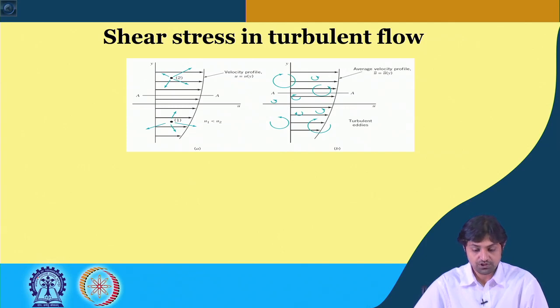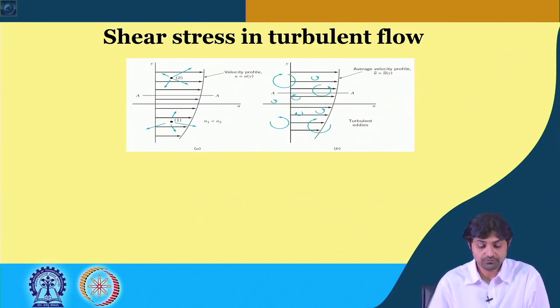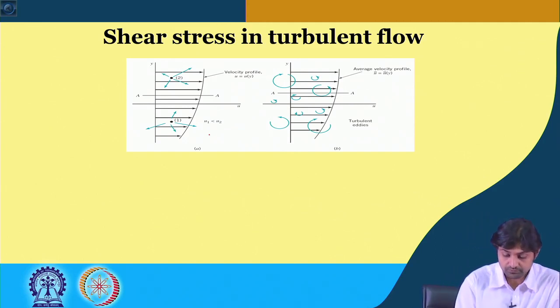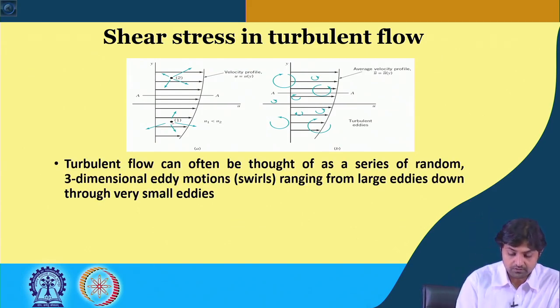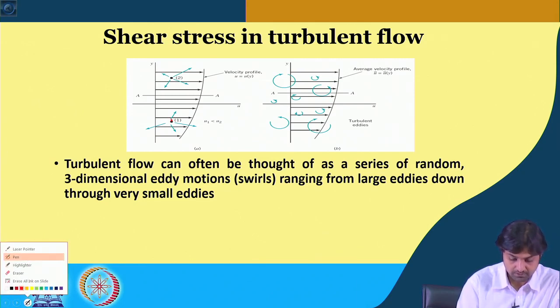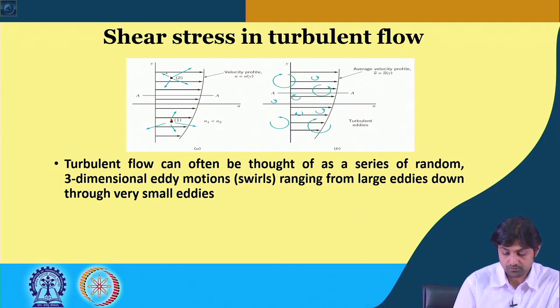Now talking about shear stress in turbulent flow. They represent two sub figures, A and B. This represents a particle having random velocities here and at a point 2, and this represents a normal velocity profile, and this represents an average velocity profile.